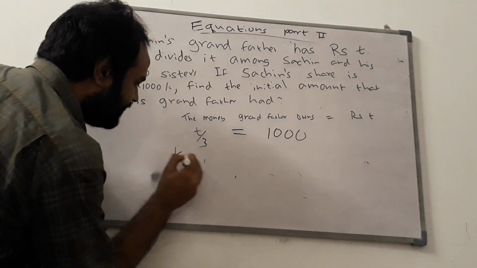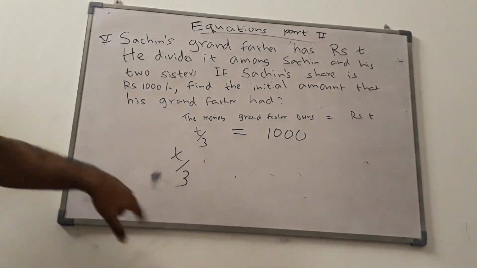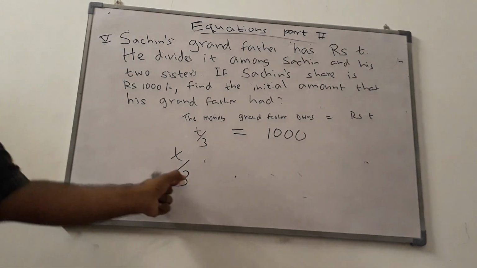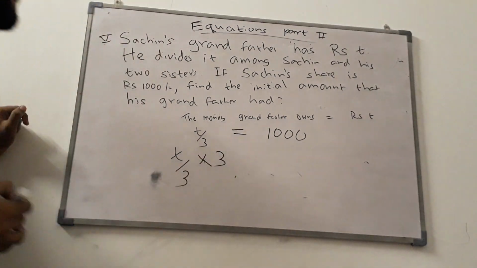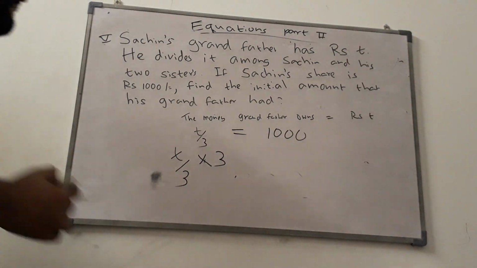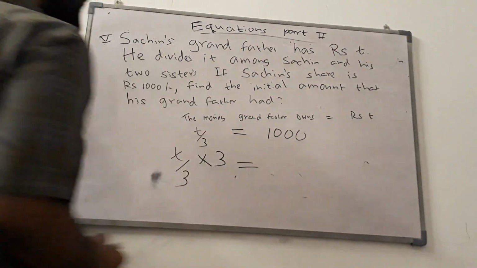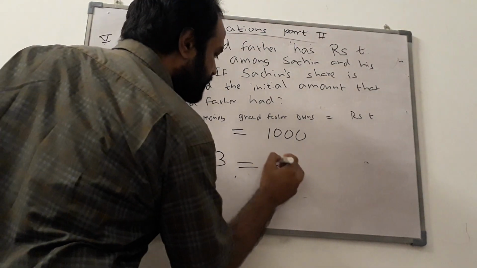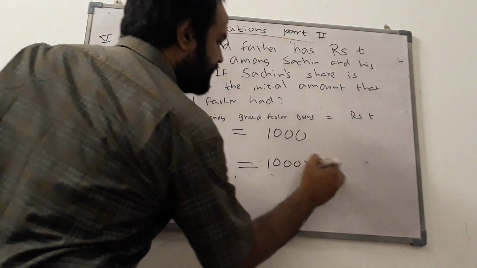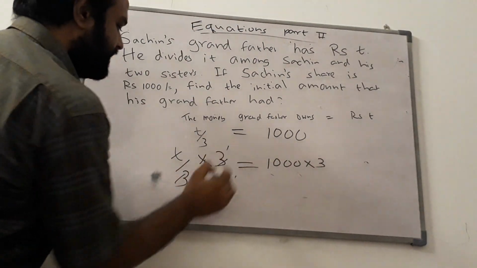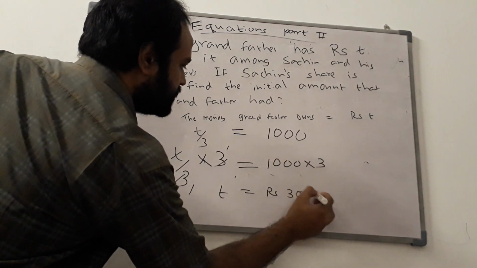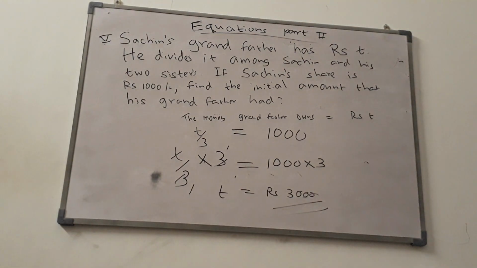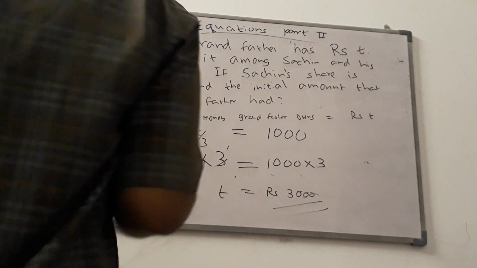This is something like division. So to remove 3, we have to multiply the term by 3. If we multiply the left hand side by 3, we have to do the same thing to the right hand side. So 3 and 3 cancel, and T equals 3000 rupees. So grandfather had 3000 rupees initially in his hands.